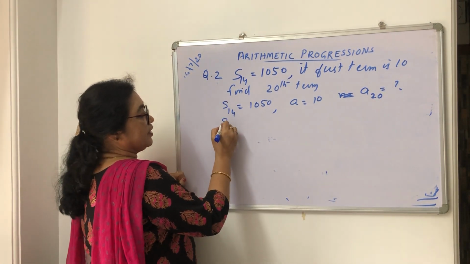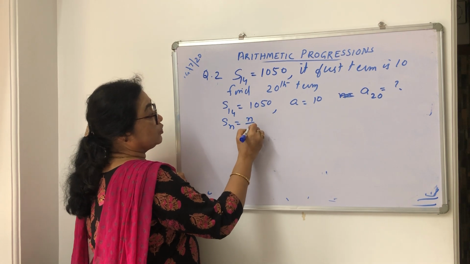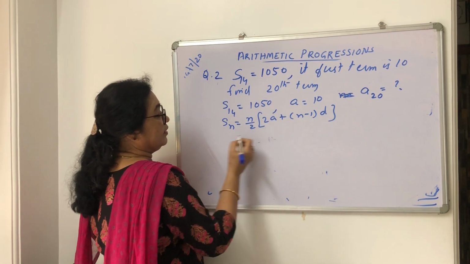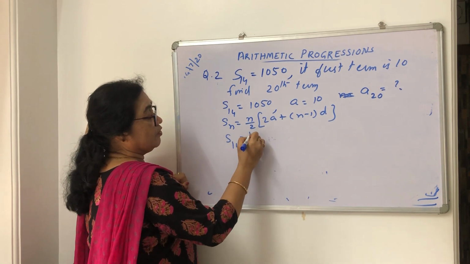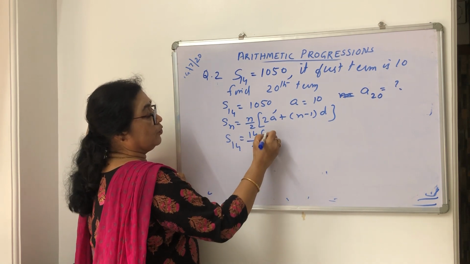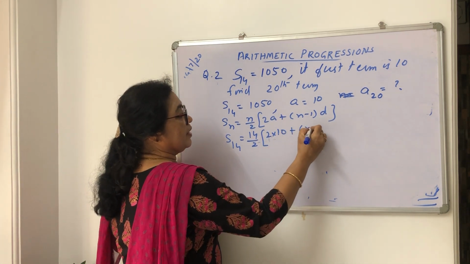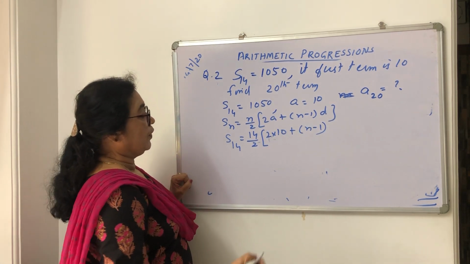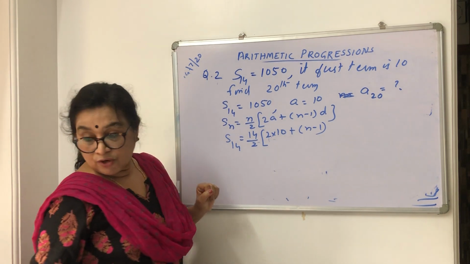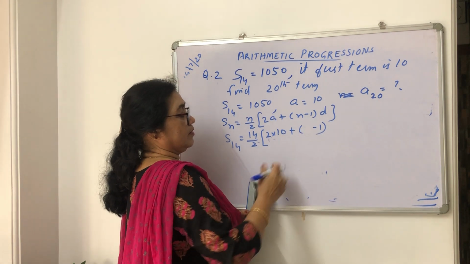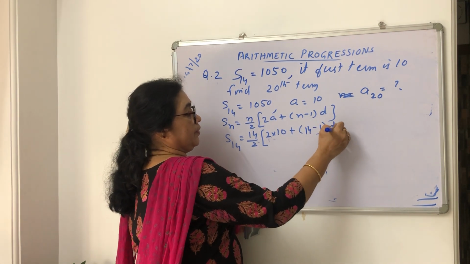Here Sn equals n by 2 into 2a plus n minus 1 into d. So S14 is 14 by 2 into 2 times 10 plus 14 minus 1 into d.